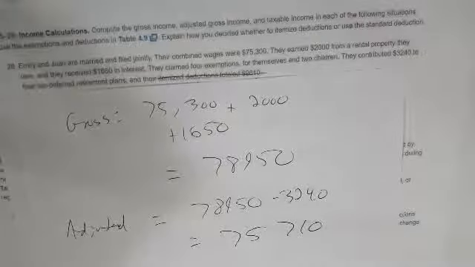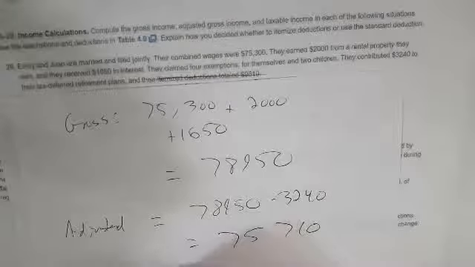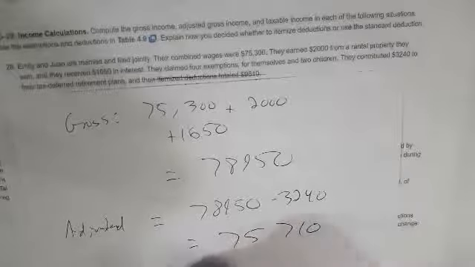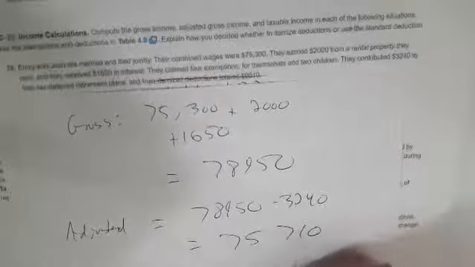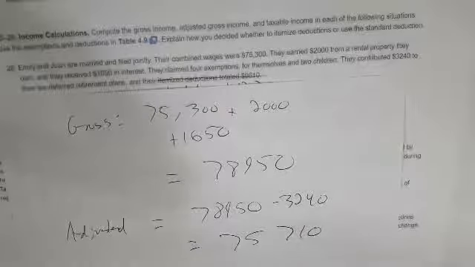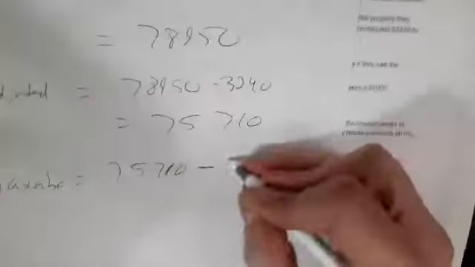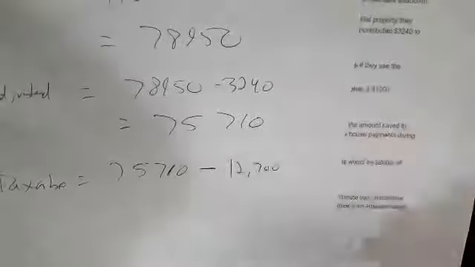Okay. And then what else do I do? My final thing is my taxable. How do I get to my taxable? I'm taking my adjusted gross, which is 75,710, and I take off exemptions and deductions. So it looks like I have a standard deduction of 12,700 that we said we're going to take off.